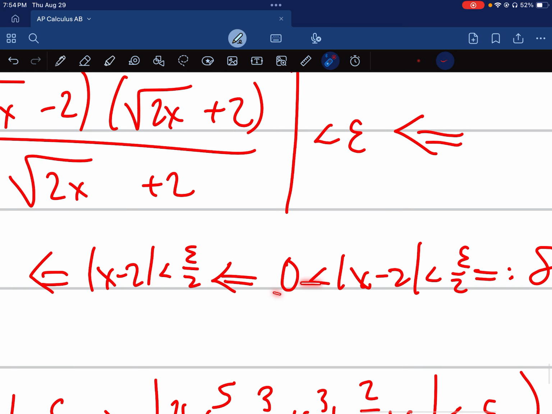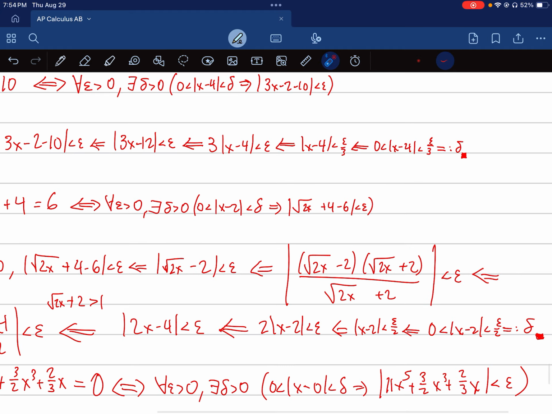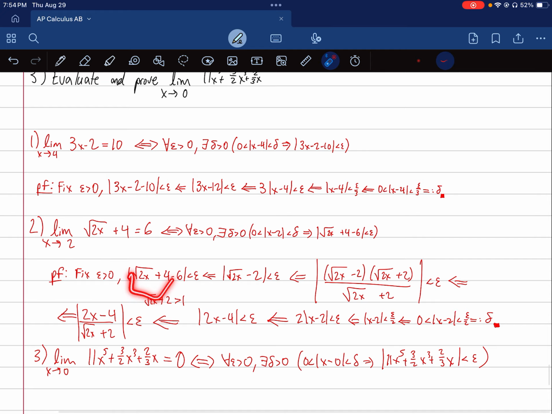So 0 is less than the absolute value of x minus 2, is less than epsilon over 2, and once we reach this state, we can just choose delta. That way, the following step is less than delta, which since we're reading it backwards, is saying that this implies all the way up here that this implies that.